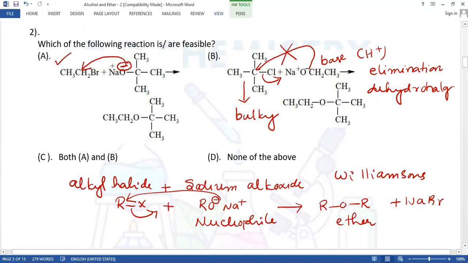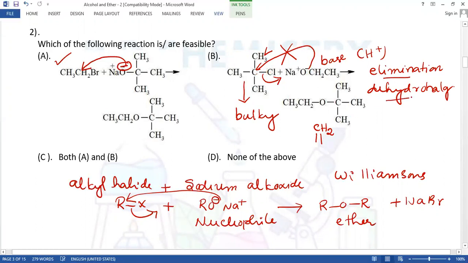Instead, what will happen? This alkoxide will abstract the acidic hydrogen, the hydrogen which is next to the carbon bearing the chlorine. So now it becomes CH2, and where the hydrogen is removed we get a double bond.